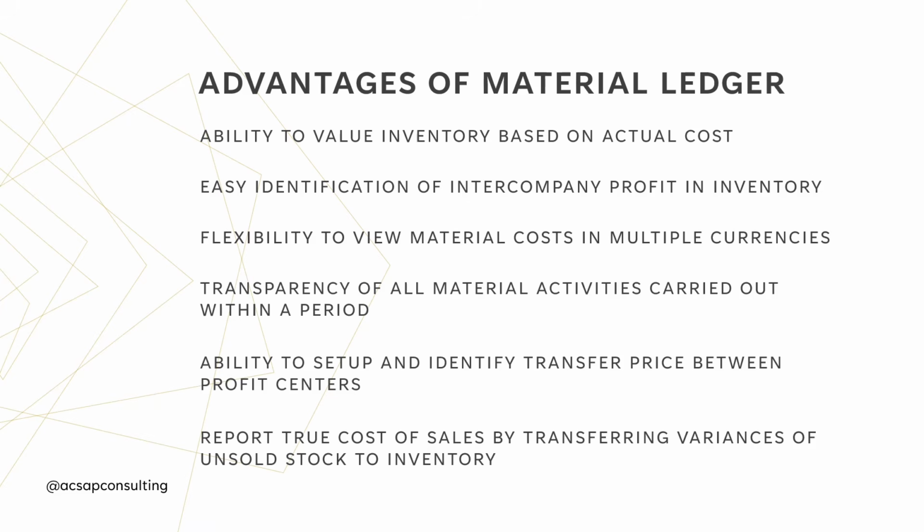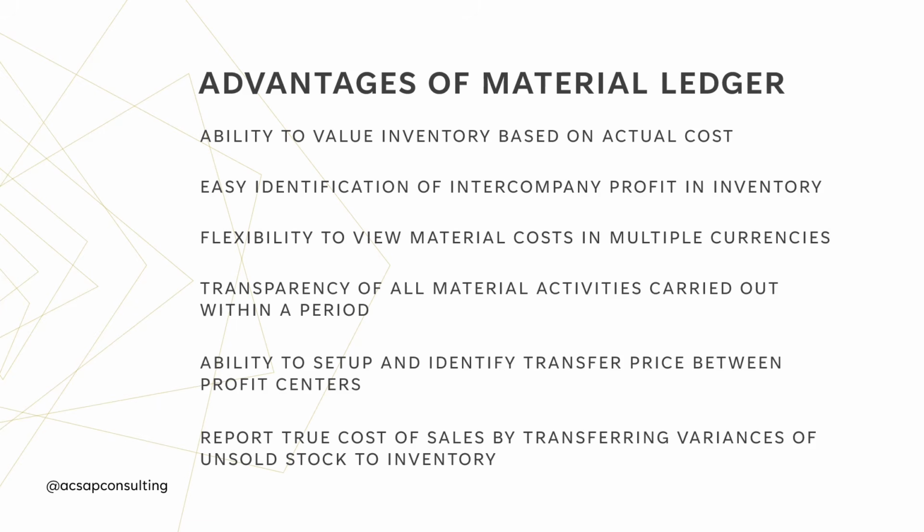So, the sum of all these advantages, the one major advantage is reporting the true cost of sales. In S4, material ledger allows us to also transfer the variances that have occurred on the material in different phases, for example a purchase price variance, an exchange rate variance, or production variances.